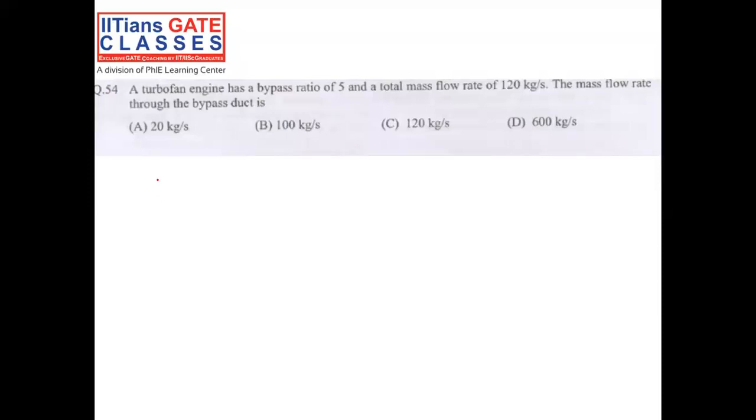So the bypass ratio of a turbofan engine is given as the mass flow rate through the bypass nozzle divided by the mass flow rate through the core engine.